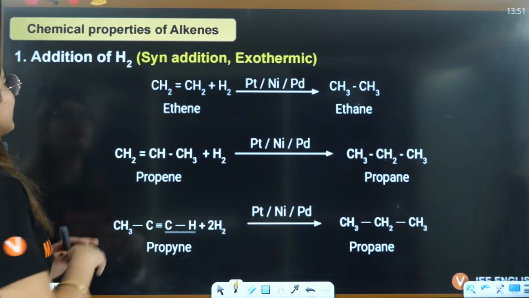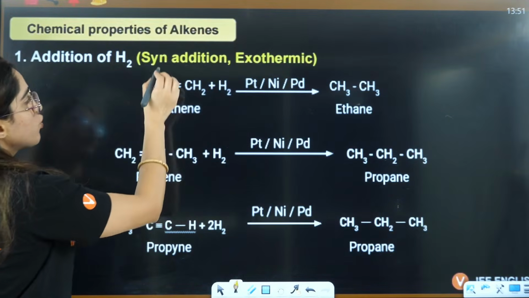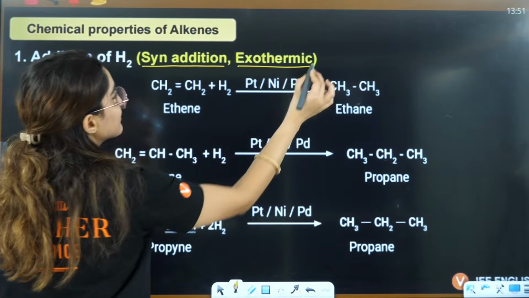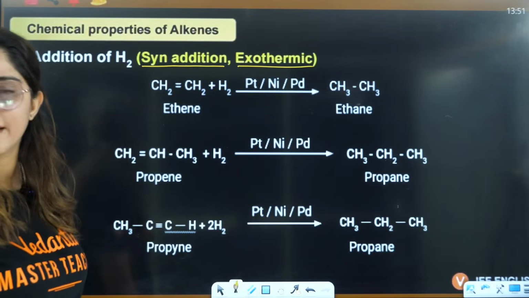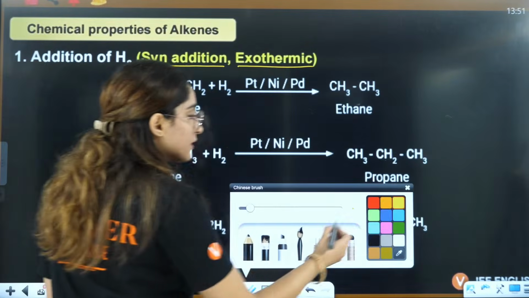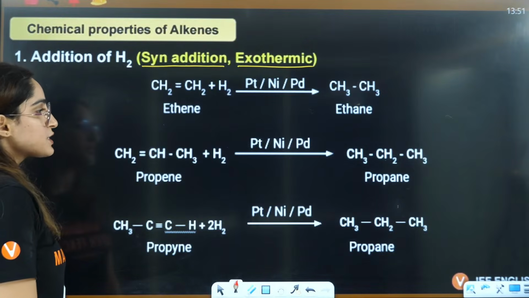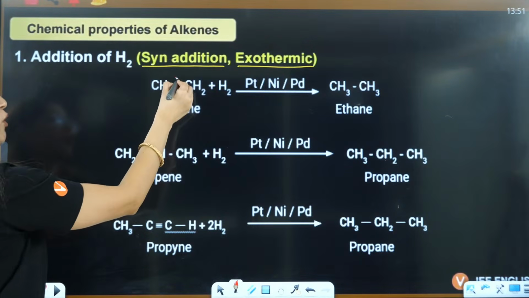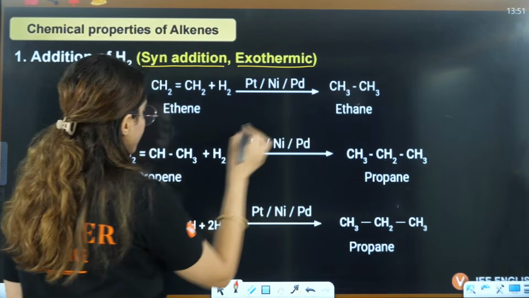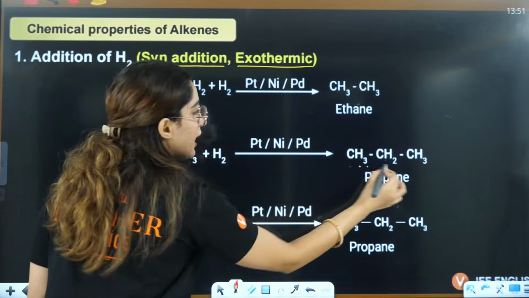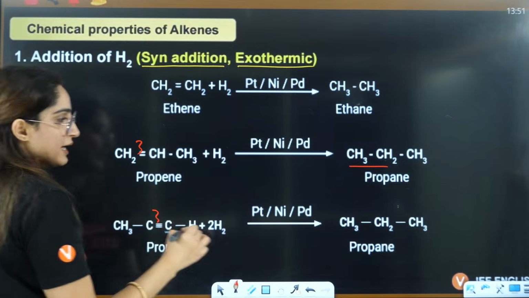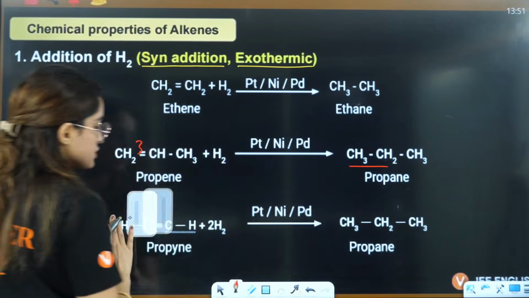Addition of H2 is syn addition and it is an exothermic reaction, energy is released here. Whenever you add, the pi bond will break and H2 will be added. This is what we do.